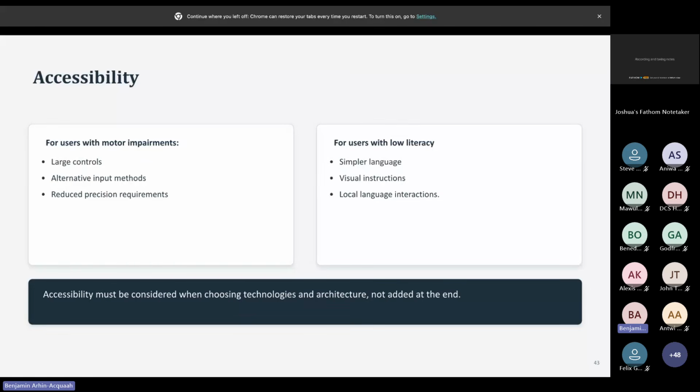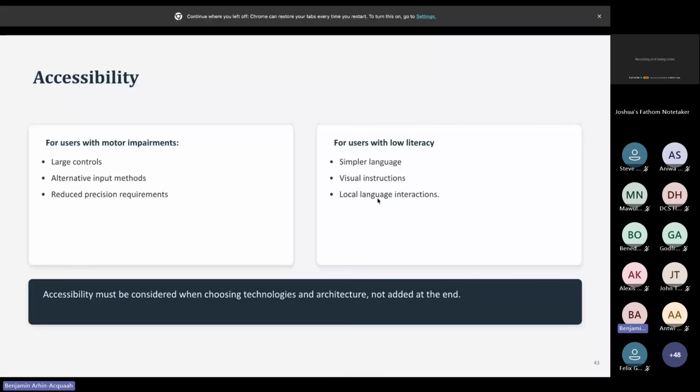Now, for users with low literacy, you want to use simpler language, visual instructions, and local language interactions.